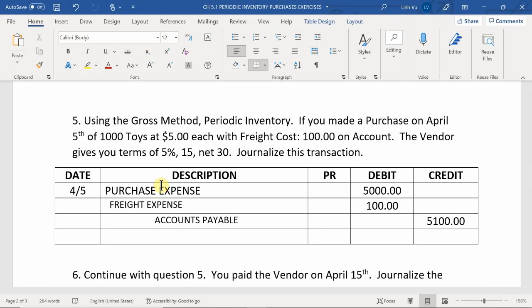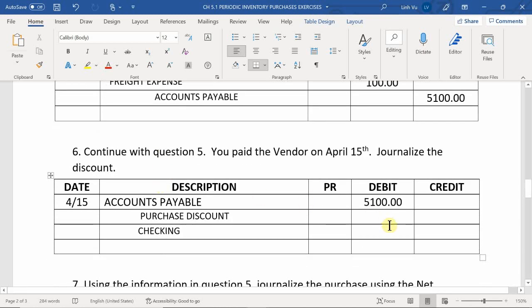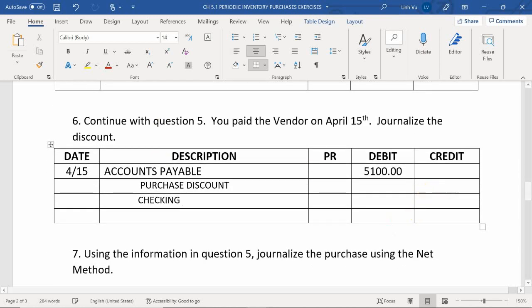The actual purchase price is $5,000, because you purchased 1,000 toys at $5 each. You can only discount 5% off of the $5,000, which gives you $250. Okay?